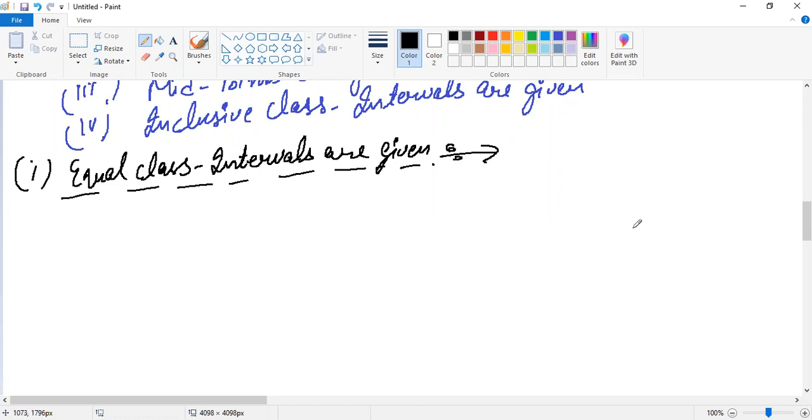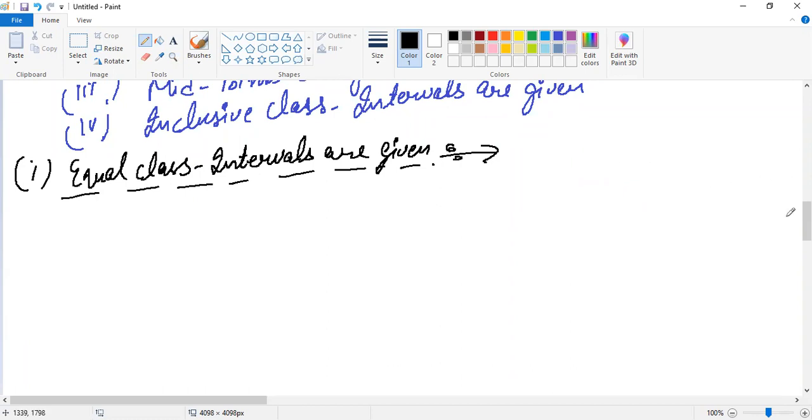On the OX axis, each class interval is drawn in which the width of the rectangle is equal or proportional to the magnitude of the class interval. And on the OY axis, we plot the frequencies.